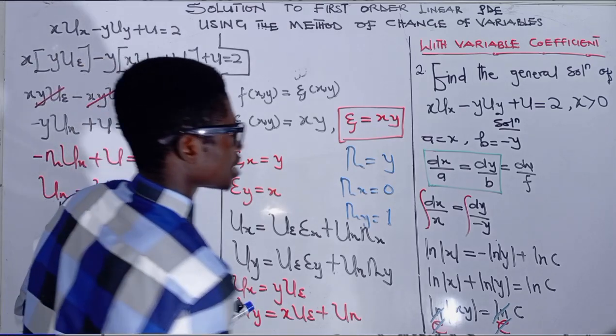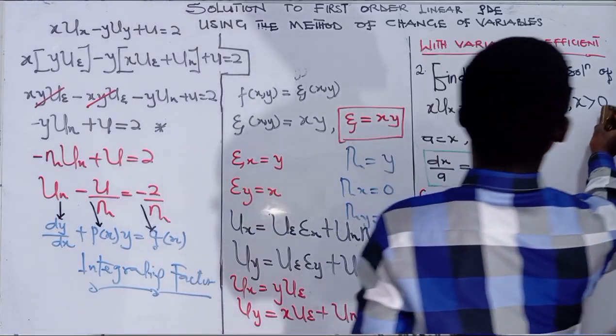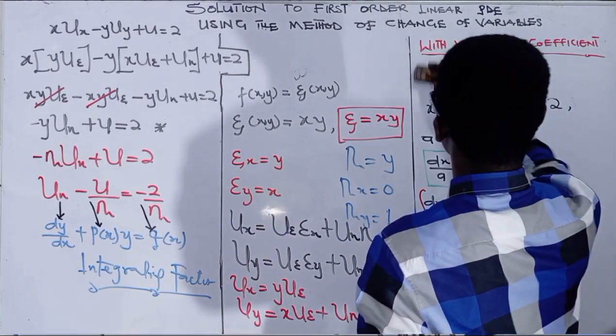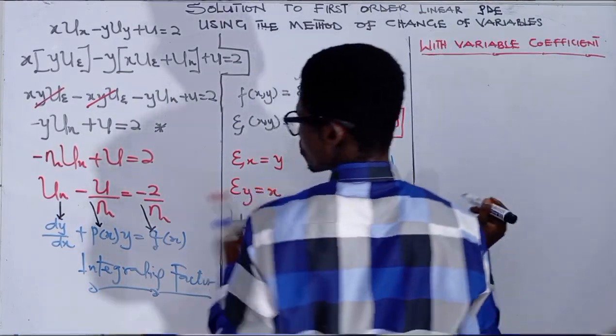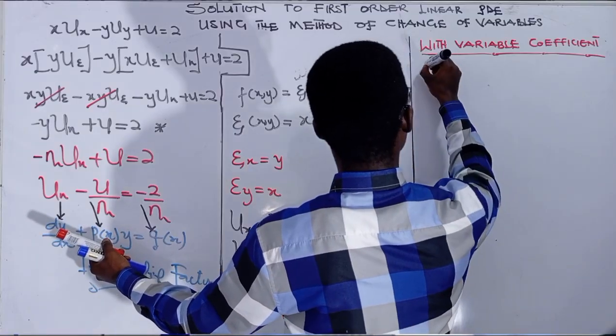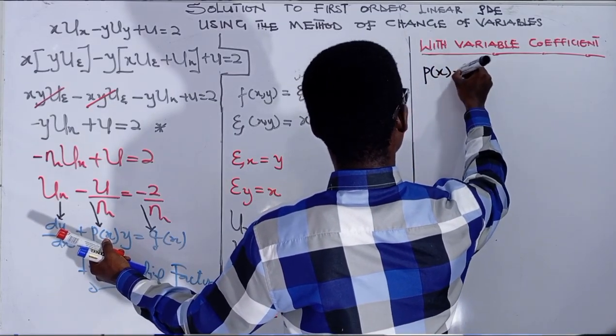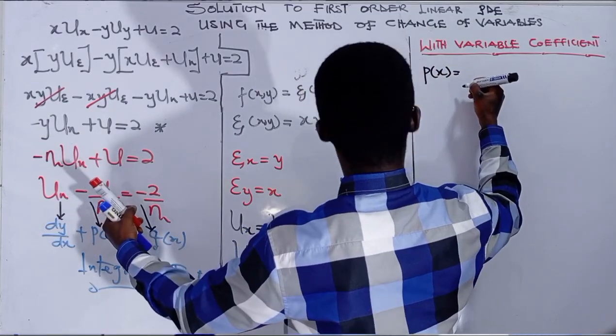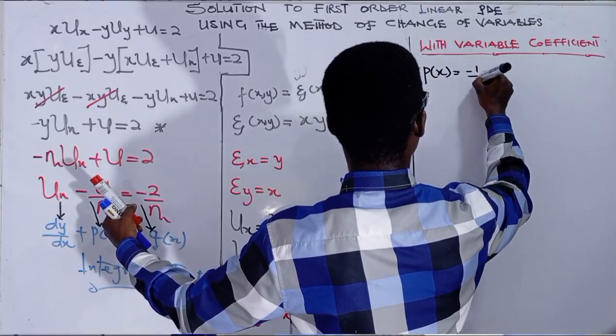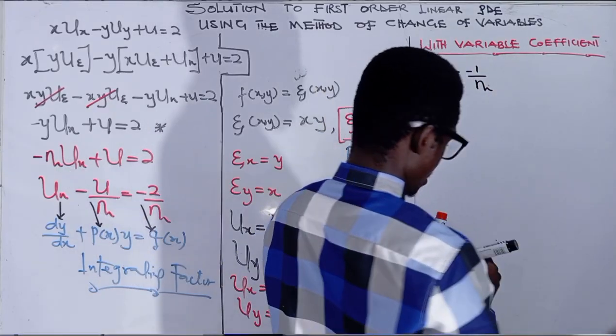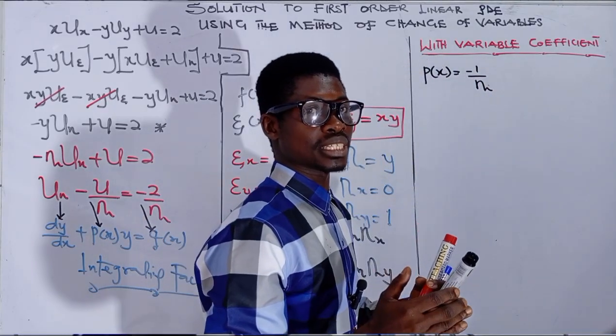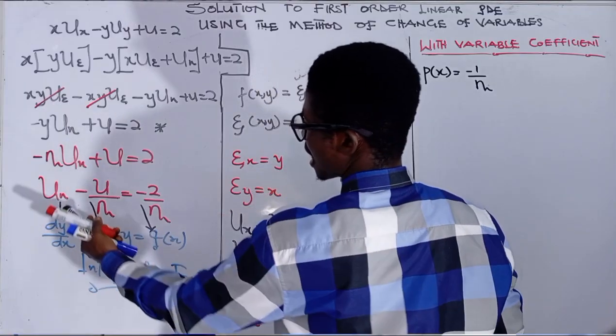Let's continue from this side. So from here, our p of x is equal to the coefficient of u, and that is going to give us -1 all over what? η. You can see that we are no longer dealing with x and y, but rather ξ and η.